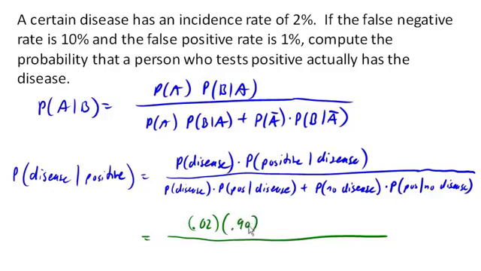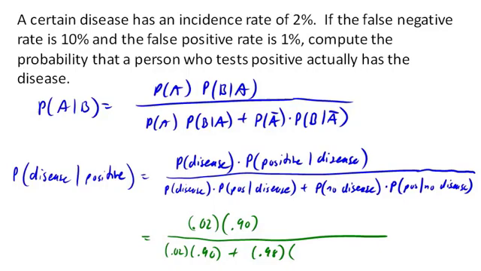Down here, we have the probability of no disease, which would be 98%. And then what's the probability that we test positive given that we don't have the disease? That's our 1% false positive rate.